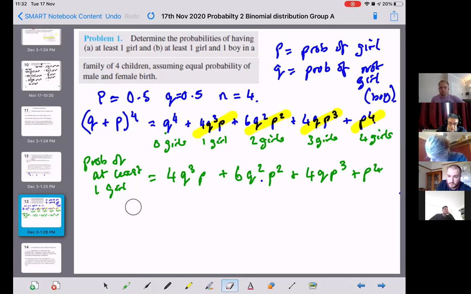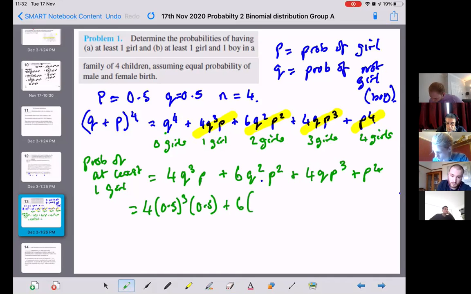And so we can expand that out. 4 times 0.5 to the 3 times 0.5. That's that first term. Plus 6 times 0.5 squared times 0.5 squared. That's this term.